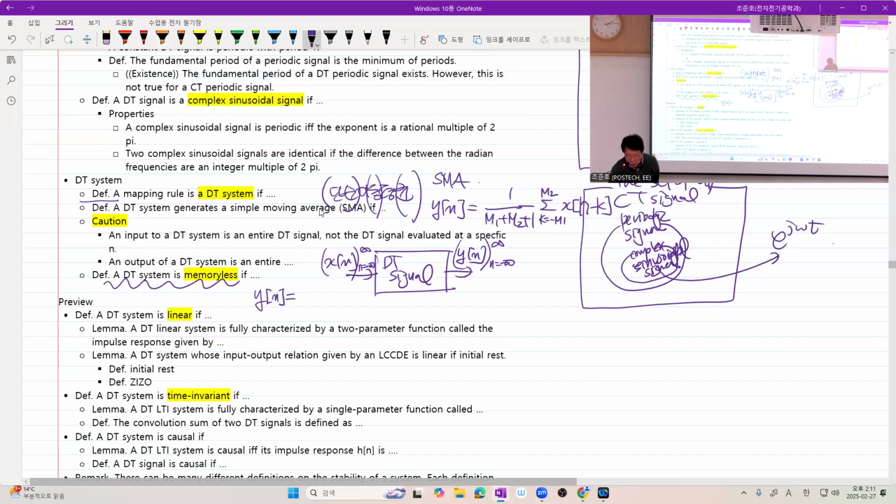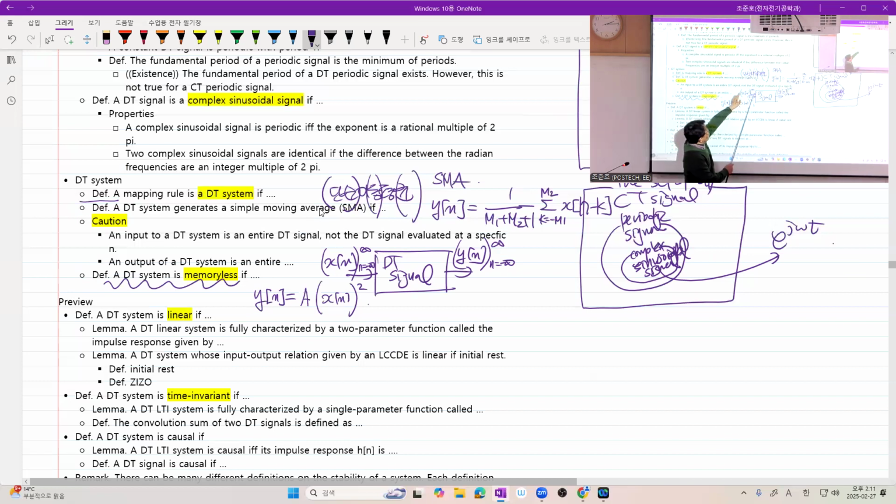For example, suppose you have some constant times the current input squared. Then, in that case, your output at time n is not dependent upon any input at other than time n.